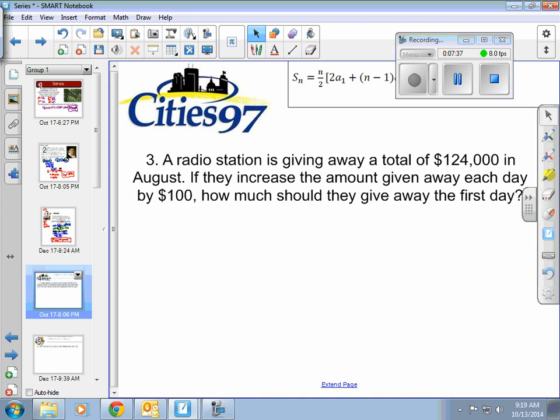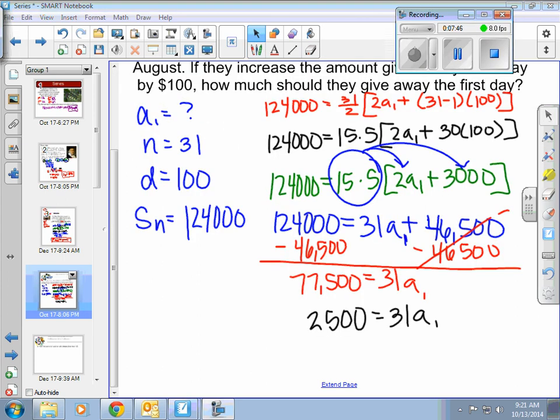This one is very similar to the example that we just did. So I would like you to pause the video and do example 3 right now on your own. Okay, here would be the work. You do not know a sub 1. You do know your n is 31 because there are 31 days in August. The difference is 100 and the sum total is 124,000.